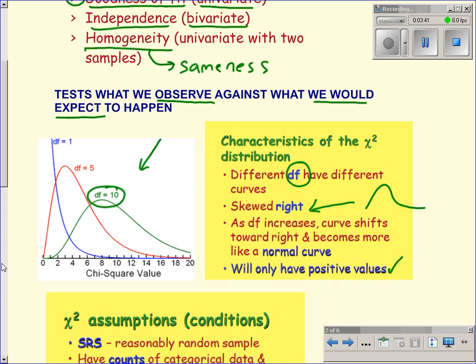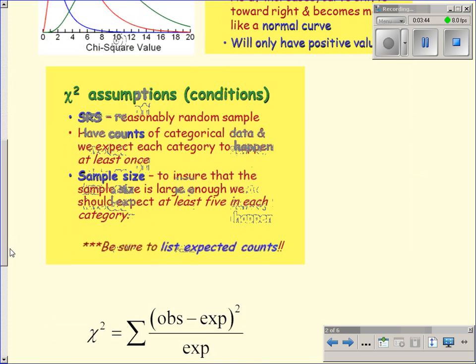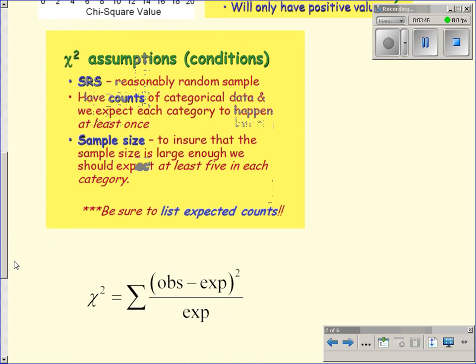When we do these tests, the assumptions that we need to have happen, a couple things are the same, a couple things a little bit different. First of all, we do need an SRS. That's old stuff. We need to have a random sample from the population of interest. We need to have counts from each category, and we expect each category to happen at least once.